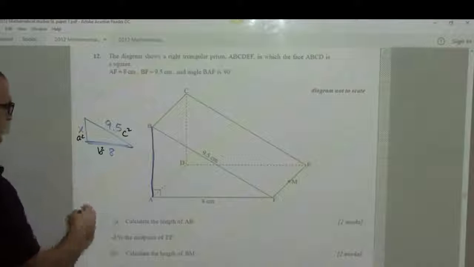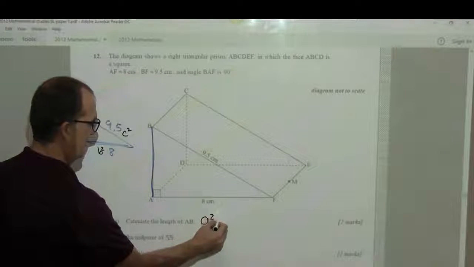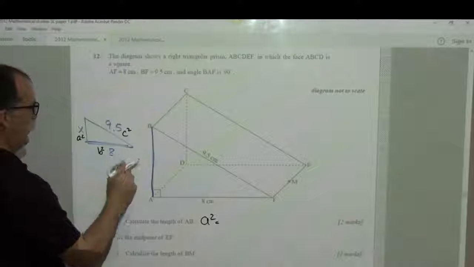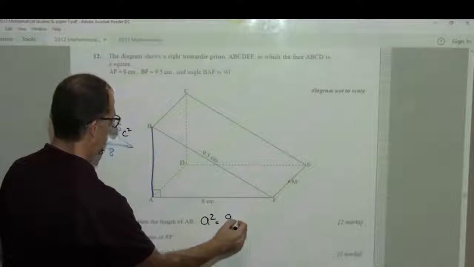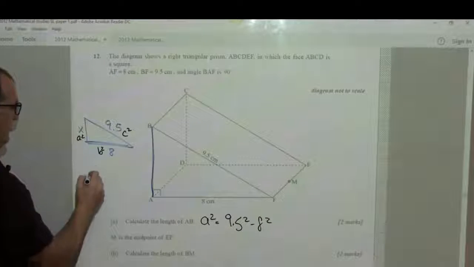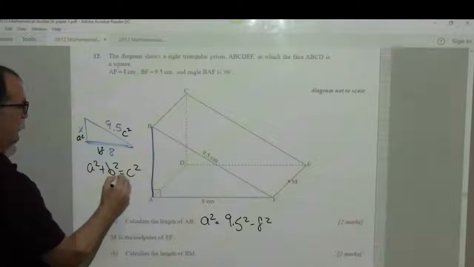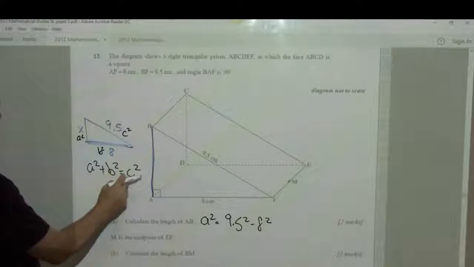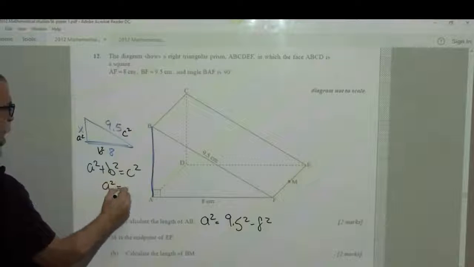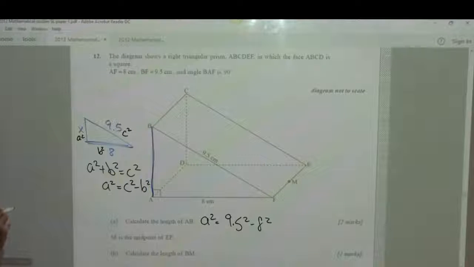If I want to find a squared, I subtract the 8 squared. Basically, a squared plus b squared is c squared, so a squared is c squared take away b squared.